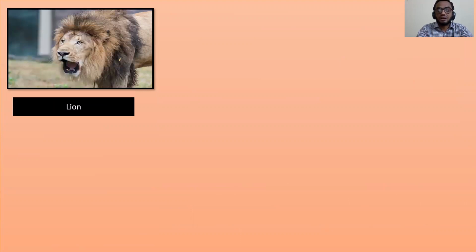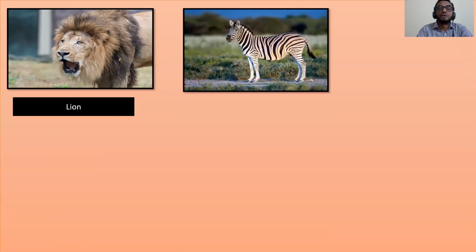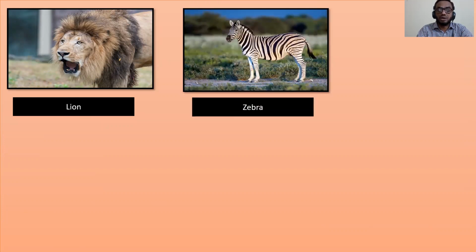I think you can easily answer that this is a lion. Can you understand? Okay, fine. Now look at the second picture. What is this? That's an animal. That means it is a zebra.